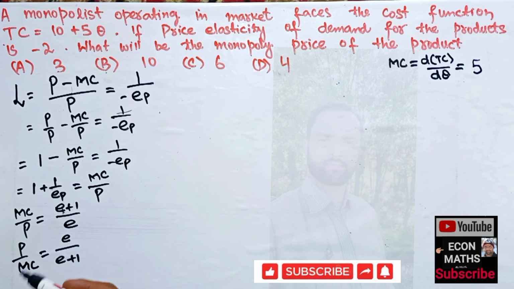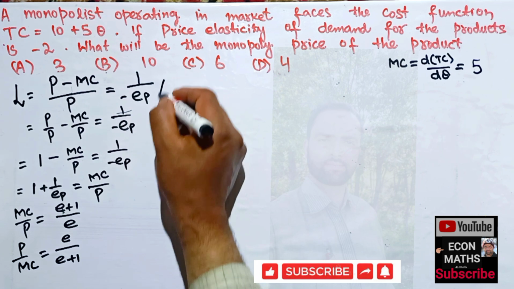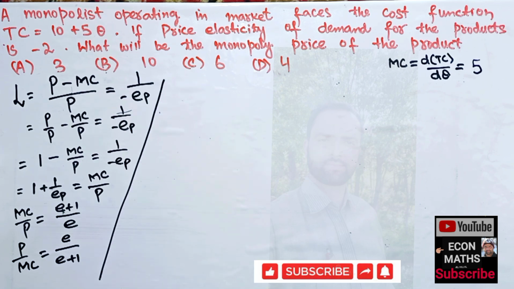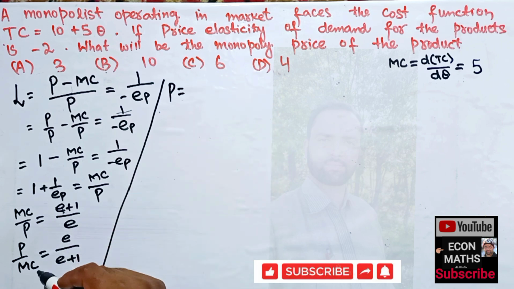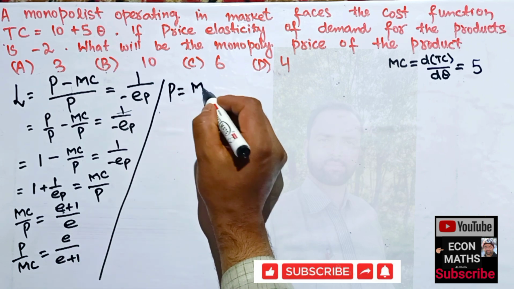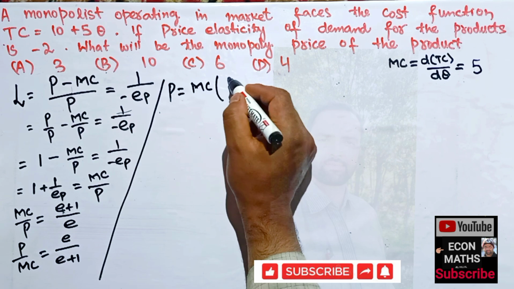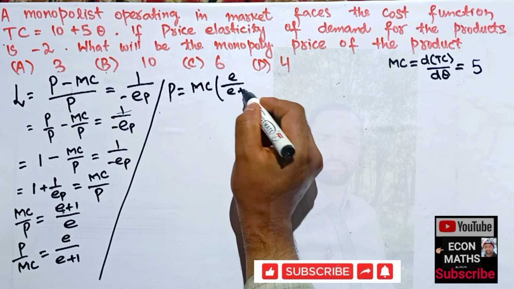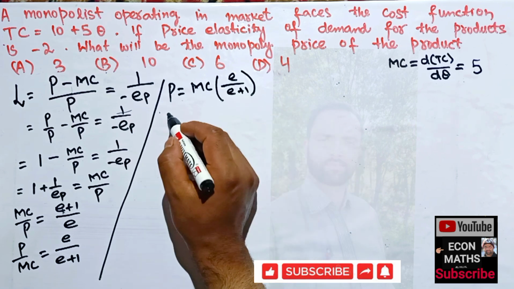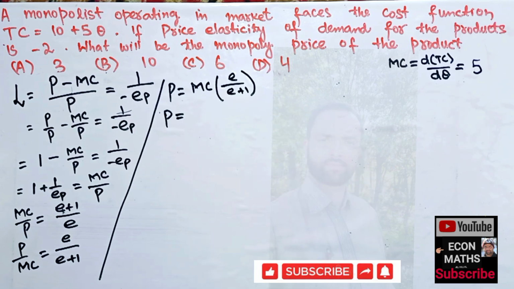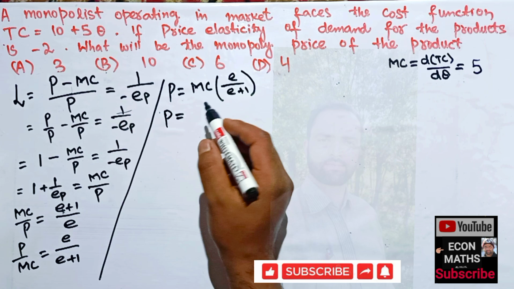If we reciprocate on the LHS, we have to reciprocate on the RHS also. So our P is equal to, transposing this MC to the RHS, MC times E/(E + 1).